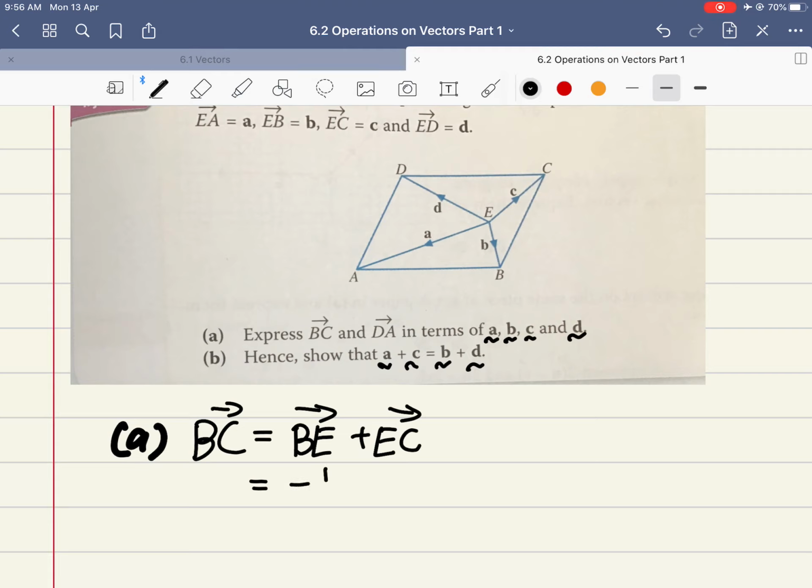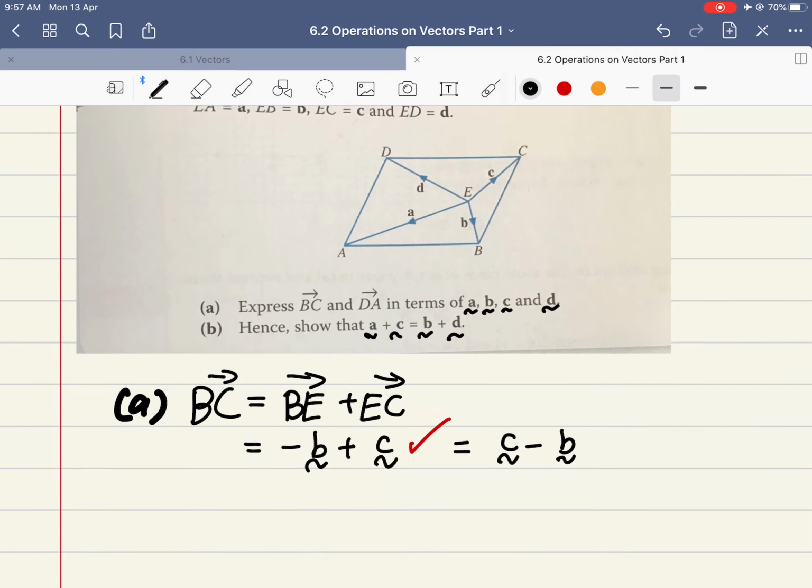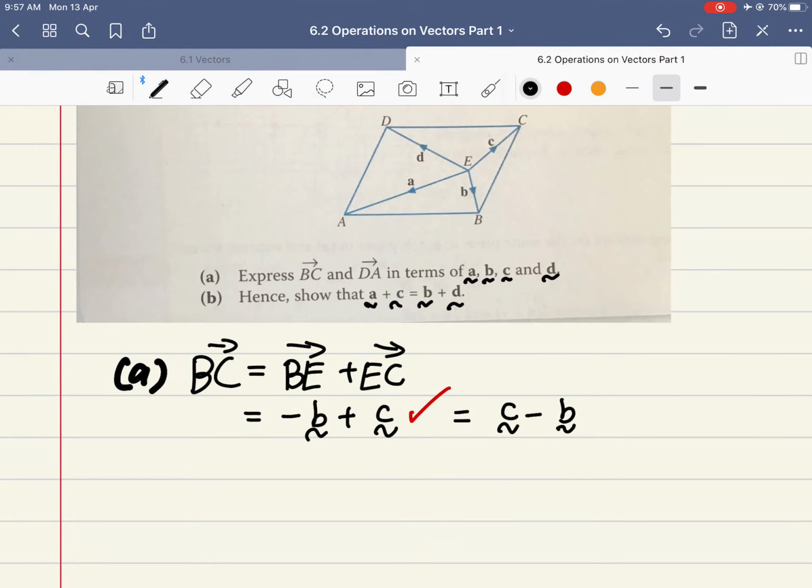BE is not B, it's going the other way, so it's actually negative B plus EC, which is C. If you do not feel comfortable with the negative B in front, this answer is perfectly correct, but the equivalent answer is C minus B. Negative B plus C is the same as vector C minus B.